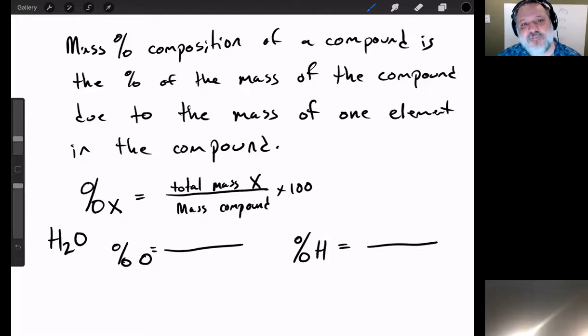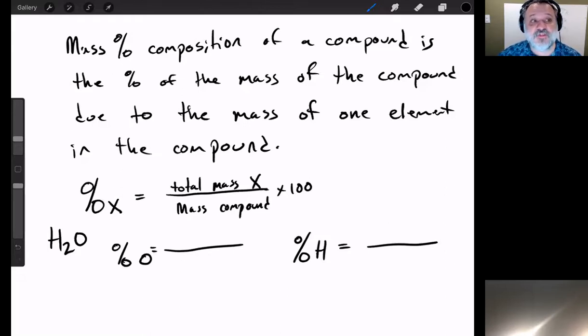That isn't the mass percent composition. That is the percentage of the number of atoms in the compound. There are 2 atoms of hydrogen in the compound, and there are 3 total atoms in the compound overall. So the percentage of the number of atoms for hydrogen is 66%.